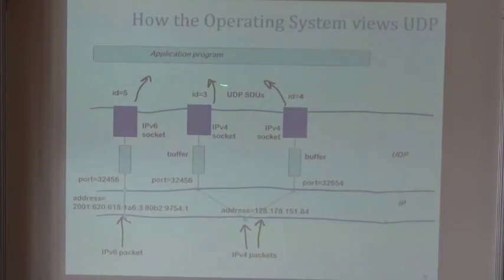If you have a slow application program and lots of data that's arriving on a very fast network, what will happen? Yes, some packet will be lost. So the packet arrives, the buffer is full here, so some packet will be dropped.